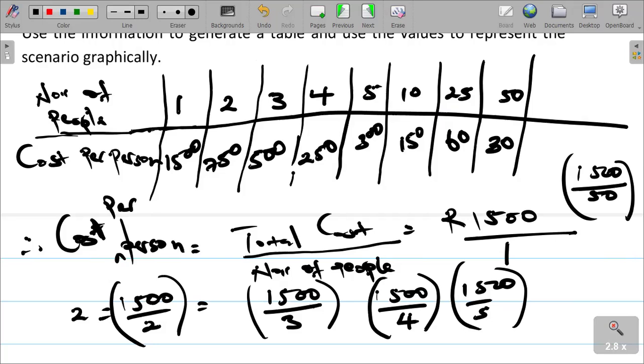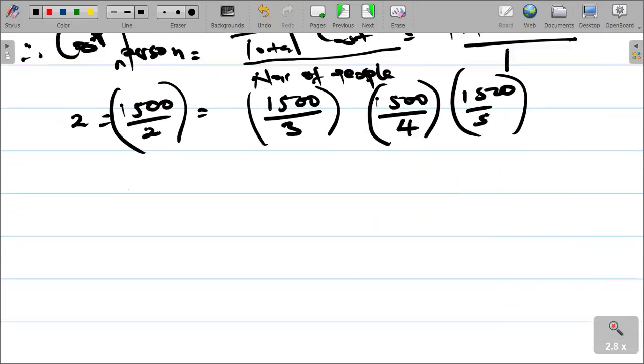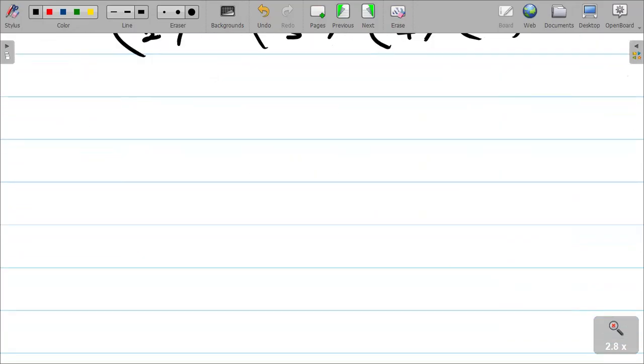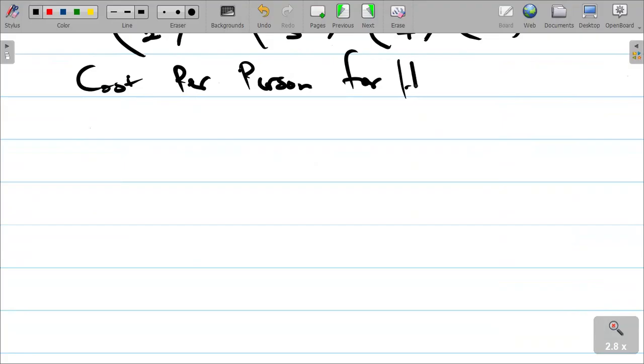So as we can see, we want to draw the graph now. We are going to say cost per person for hiring the spit braai.